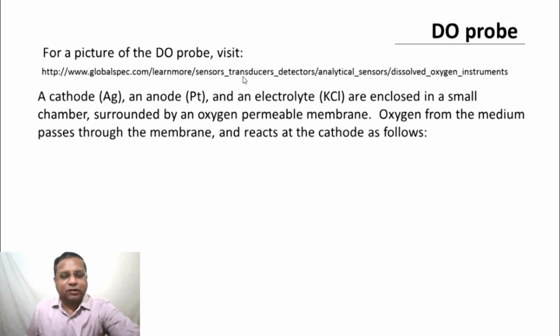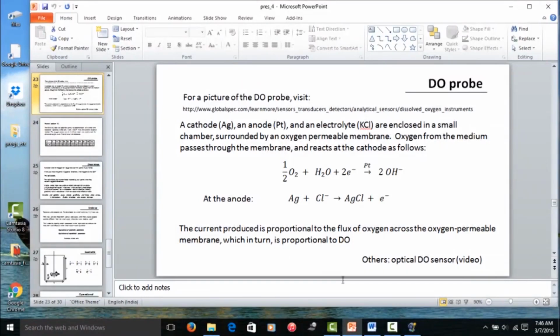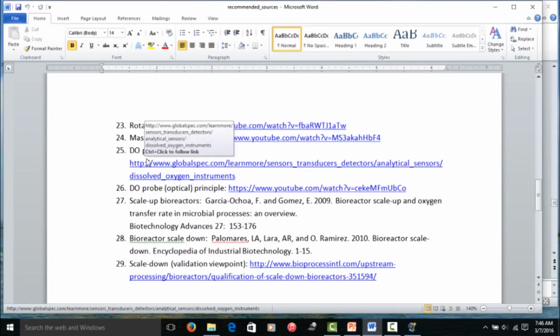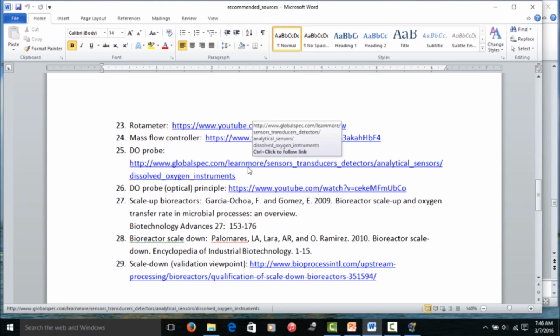Let me show you that site before we go forward. This is the DO probe. This is a picture of the probe that you could see there. And this also for DO, which uses an optical principle. Probably we'll look at that later.